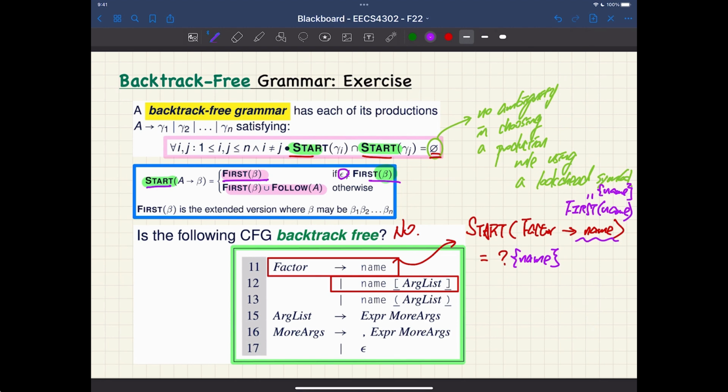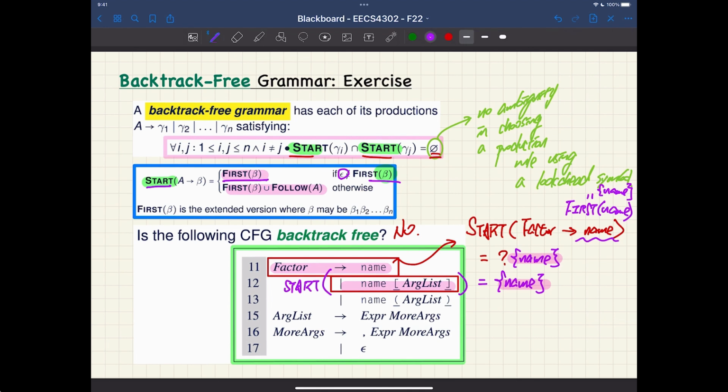And if you apply similar reasoning, the start of this particular production rule is also name. Right? So now you can see that for these two production rules, you have an overlapping first symbol. So that means it's not backtrack free. Intuitively, what does it really mean?